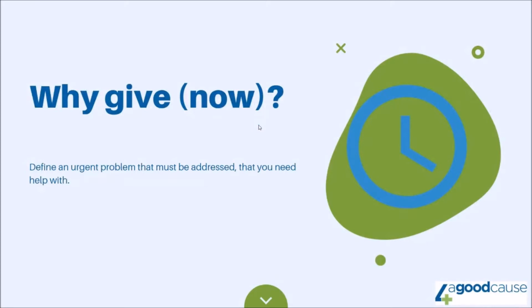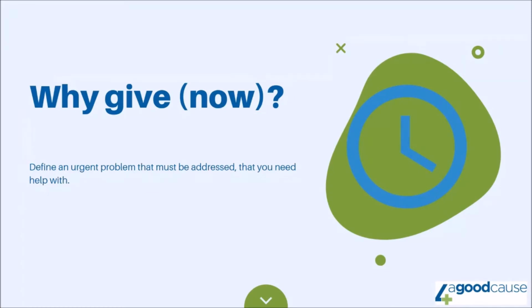Before a website visitor decides to click donate and make a donation to you, they're going to want to understand why they should give. They need to be shown that there's actually a need for the donation. You can do this by dedicating a portion of your site to education that relates to your mission.